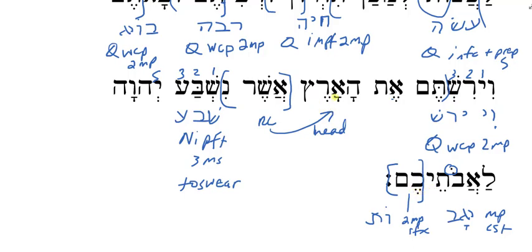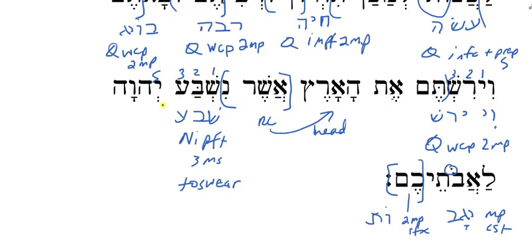Now, just to go back and think about relative clauses, I told you that whenever you have a relative clause, you have a head, and here it's haaretz. You have a relative word, which is asher. It introduces the relative clause, but then the head should have some resumptive function inside the relative clause. What is the land doing inside the relative clause?